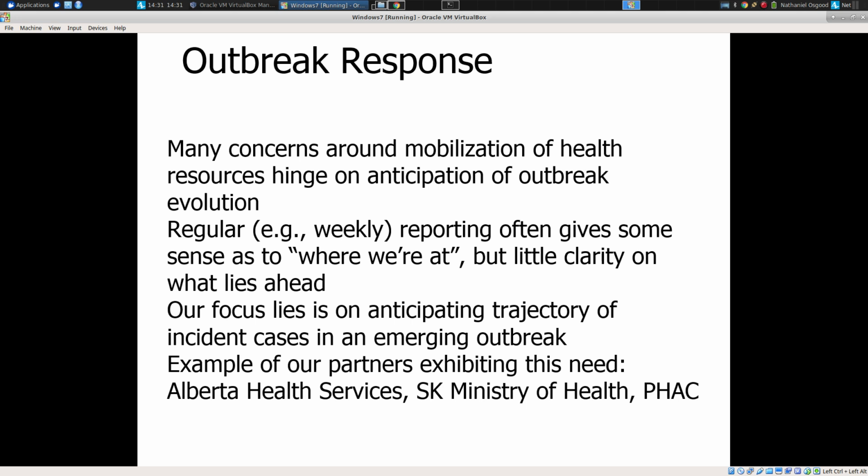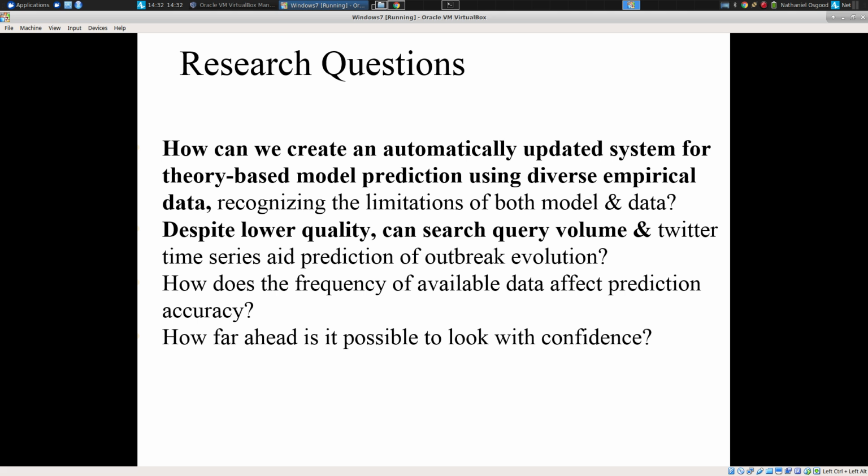We can get insights from frequent, say daily or weekly, reporting, but it doesn't tell us what lies forward. It gives us a sense of where we come from, but not much for going forward. And our interest in this area, and the interest of some of our collaborators, such as Alberta Health Services, has lain in trying to anticipate the trajectory of cases going forward.